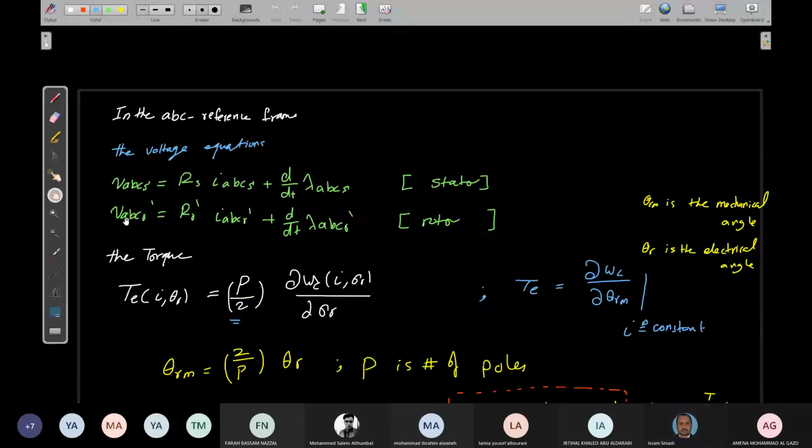So this one is arbitrary for any machine, which is either squirrel cage or wound rotor. Now, if I'm setting this one to 0, this will be the squirrel cage. Good.